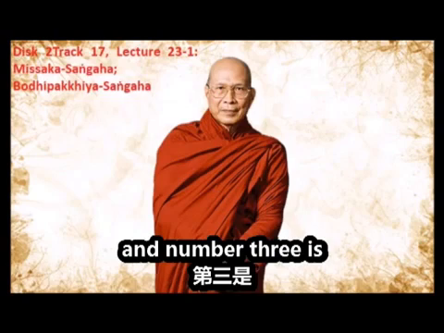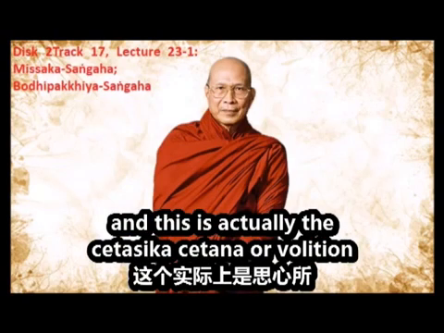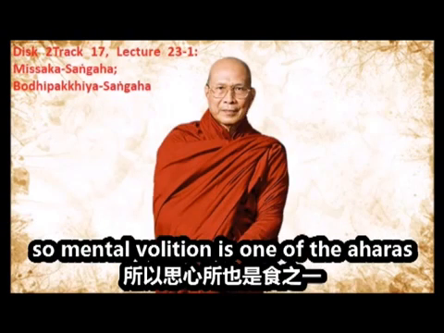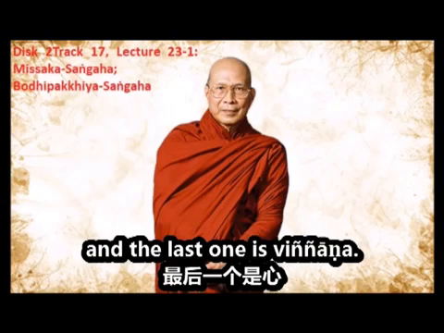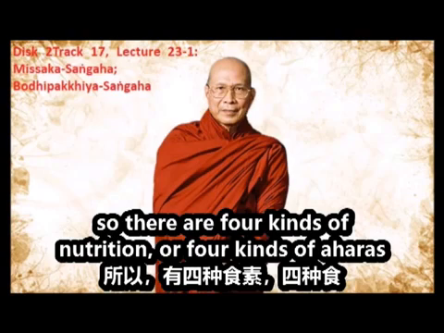And number 3 is mano sancetana. And this is actually the Cetasika Cetana of volition. So mental volition is one of the aharas. And the last one is vijnana. Vijnana is a synonym for citta, which is translated as consciousness. So there are 4 kinds of nutrition, or 4 kinds of aharas.